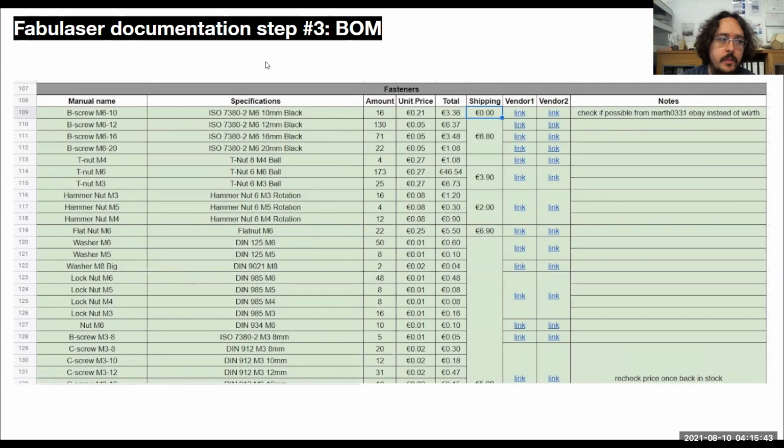So in this case, for example, you can see the first column is the manual name, which doesn't state the item number or the specification, but is a common name that people are supposed to be able to understand. It's also a compact name, like B screw stands for button head screws, T nuts, hammer nuts, washer. The washers, for example, are DIN 125.